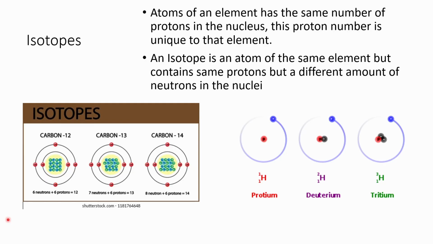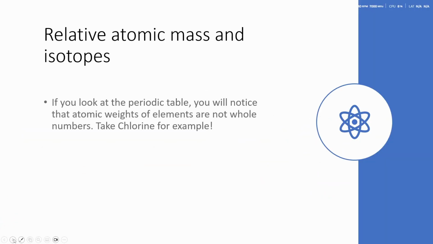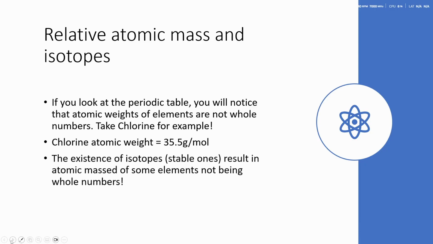Okay, it does not affect us in the slightest. But this is reflected in the periodic table. So take chlorine, which is 35.5. Because of the existence of isotopes, stable isotopes I should say, it is an average across these isotopes that gives us our atomic mass.